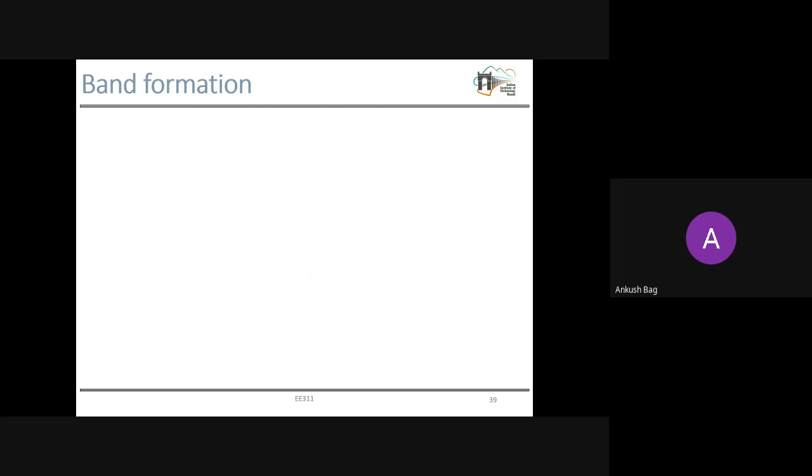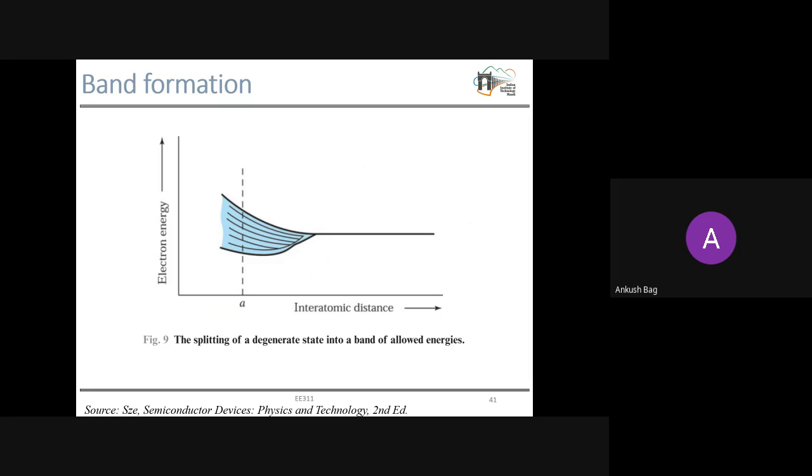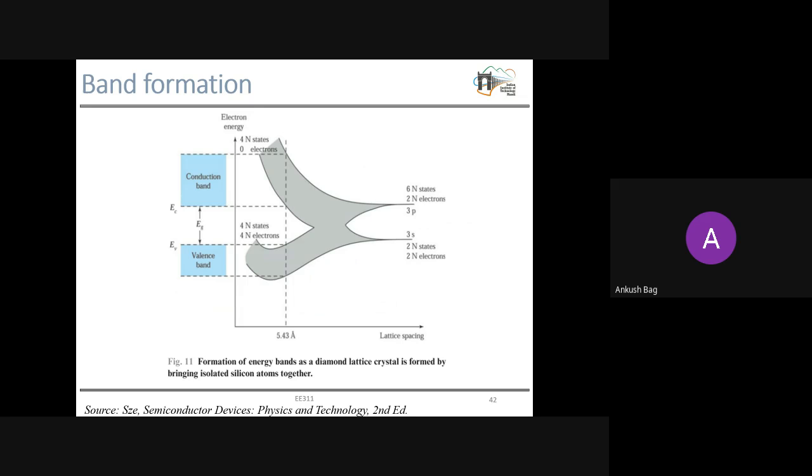Now moving forward, these are something which we have discussed: how the bands are forming from the discrete energy levels. These are taken from the SMG book. You can go through those discussed or annotated slides, or you can also follow this book by SMG.